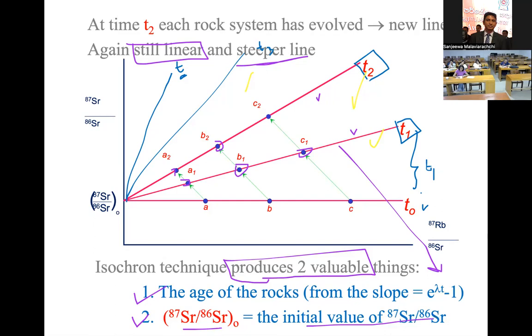From e^(λt) minus 1, everything is known, lambda is a constant, and you can measure the m, or the gradient, and equate it to e^(λt) minus 1, and then find out t. So this is the isotope technique that produces these two results.